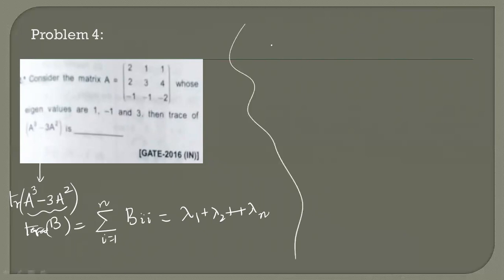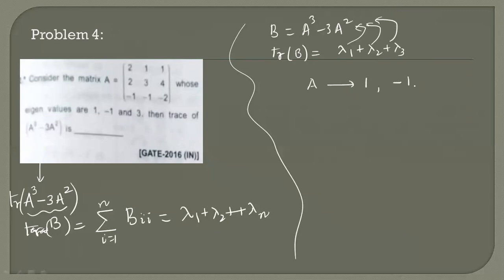It means if we take B equal to A cube minus 3A square, then the trace of B will be equal to the sum of eigenvalues lambda 1 plus lambda 2 plus lambda 3, and these are the eigenvalues of matrix B here. How will we find it? It is given that the eigenvalues of A are 1, minus 1 and 3. Then I told you the eigenvalues of A cube will be 1, minus 1, 27. It's a simple property: if the eigenvalue of A is lambda, then A to the power n will have eigenvalue lambda to the power n.